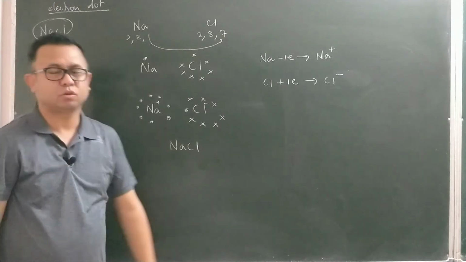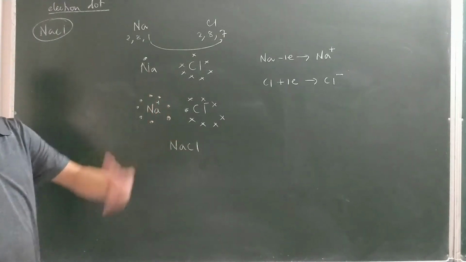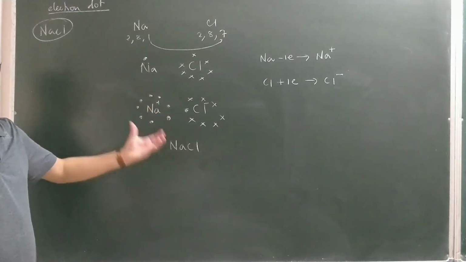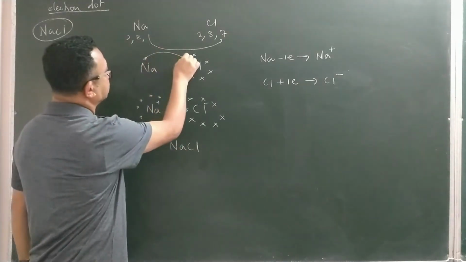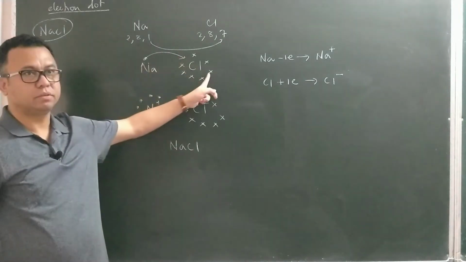So if you are asked to make an electron dot structure, it's such an easy way of representing the formation of sodium chloride. Now why is this electrovalent? Because transfer of electron took place from here to there. So one electron got transferred from here to there.